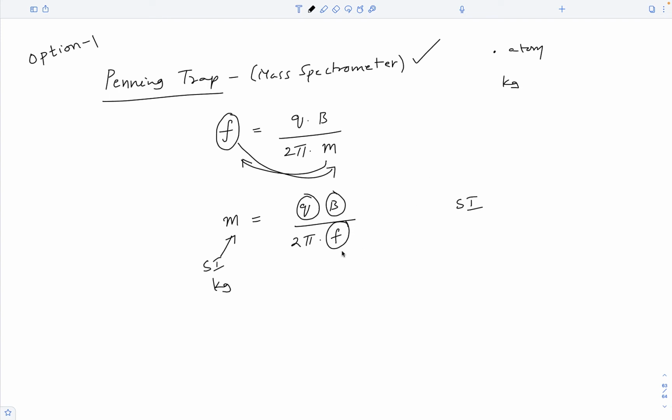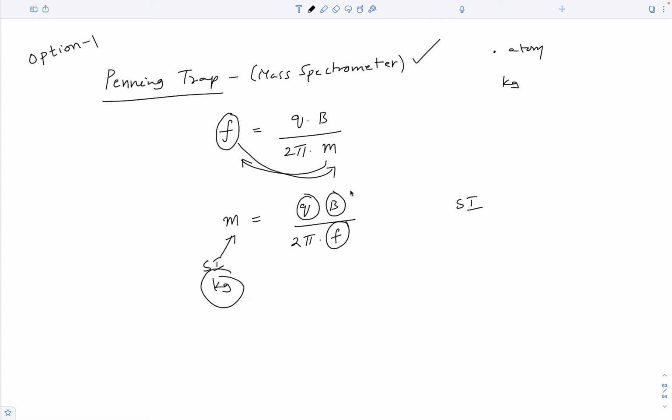We can measure this rotational frequency with great accuracy. We know an accurate value of the amount of charge on the ion. So if we can measure the strength of the magnetic field also to a high degree of accuracy, then go for it. Then the mass of the atom determined in kilograms would also be very accurate.